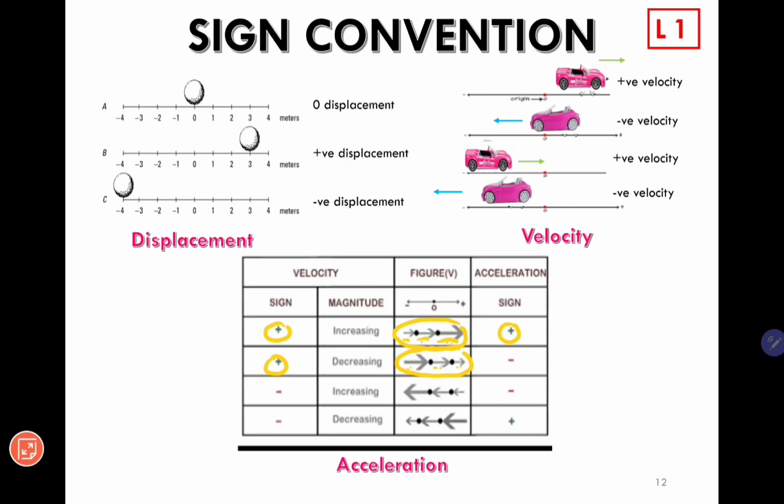So for deceleration, the acceleration is negative, which is opposed to the motion. Next, for the third case, according to the direction of motion, which is to the left, the velocity is negative because the velocity is directed to the left. But according to the magnitude, it increases, isn't it?